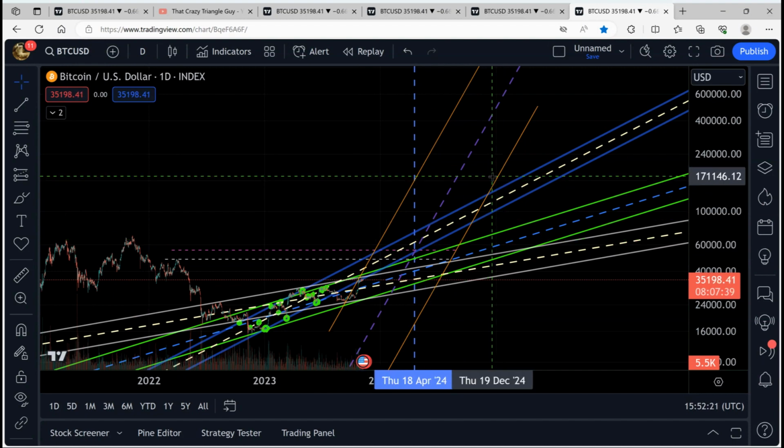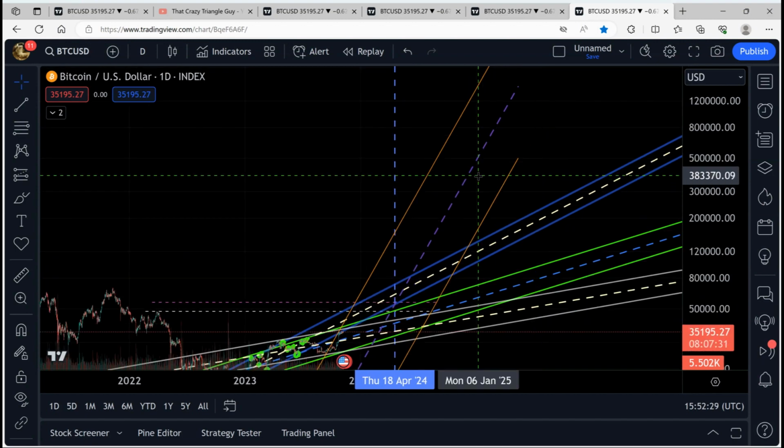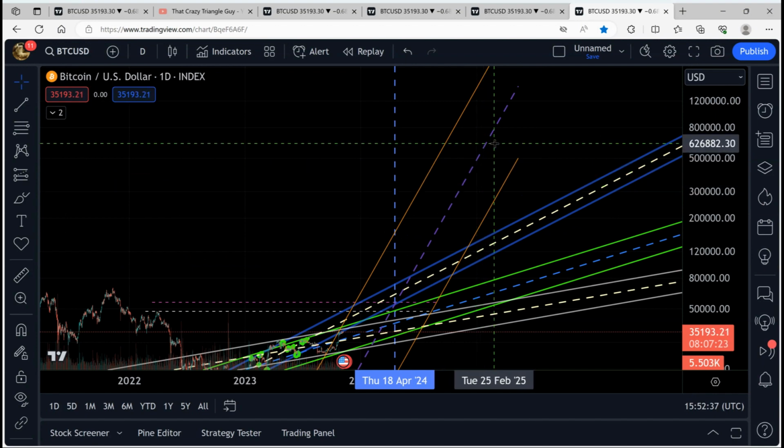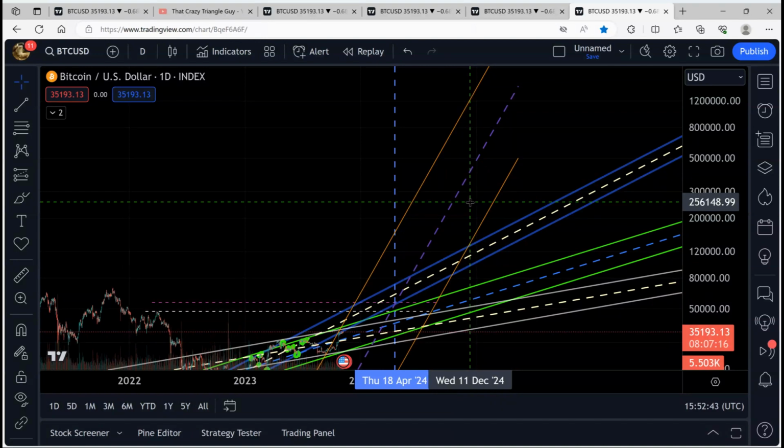I think that the highs that we see, who knows? I'm just speculating now. I honestly think, and I've heard other people like Tyler say this too, that I believe the high is coming in November of 24. Let's go to November of 24.